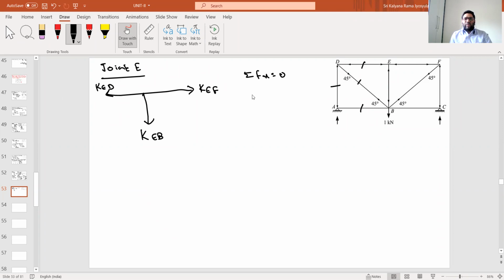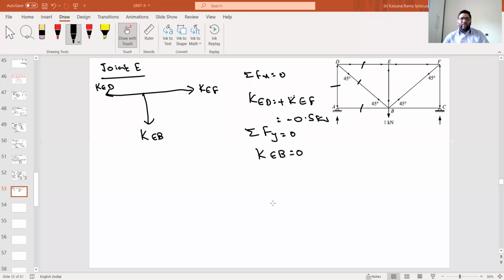Now sigma Fx is equal to 0, so KED is equal to KEF, which is minus 0.5 kilonewton. Sigma Fy is equal to 0: KEB is equal to 0. There is no force here. KEB is equal to 0.